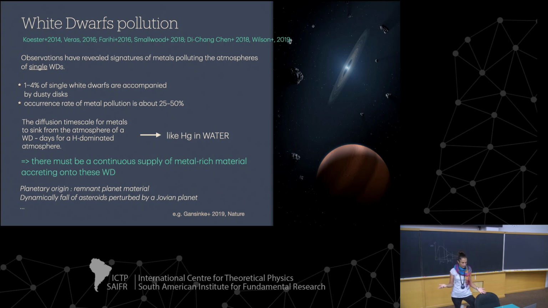And what could that have been? Well, there were different kinds of origins, but the most believed one is that you have a giant-mass exoplanet, a bit further away, acting like a slingshot.